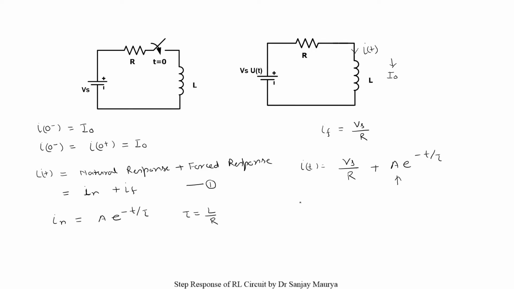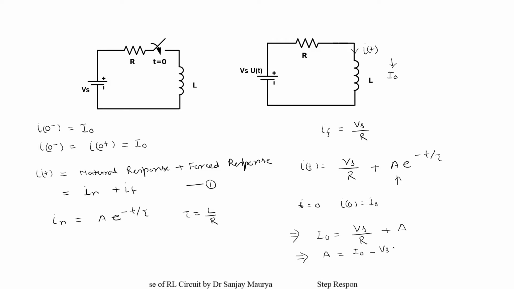Since we know that at t equal to 0, the current across the inductor i(0) is I naught, I can write I naught is equal to Vs by R plus A. Here I substitute t equal to 0, so this will become e to the power 0, so here it will become A. After solving this one, I can get the value of A. This A is equal to I naught minus Vs by R.